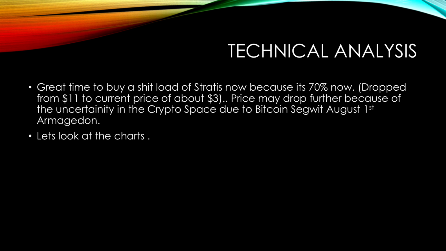Stratis was almost $12 a couple of weeks ago, but look at the price right now. The price right now is about $3, so it's 70% down, and that's great news for us, because now we have an opportunity to invest in Stratis and be part of the winning team. That's all I'm saying.